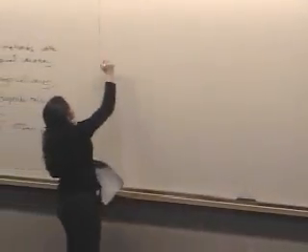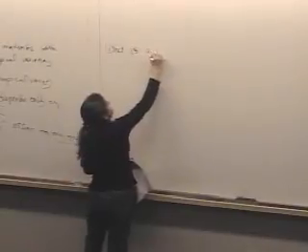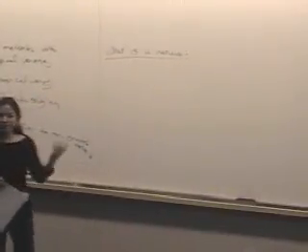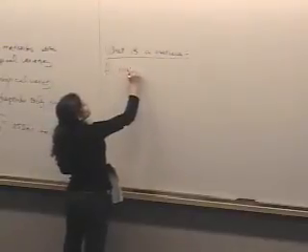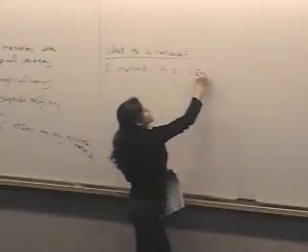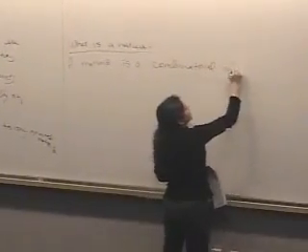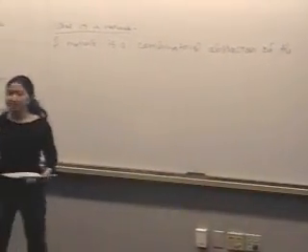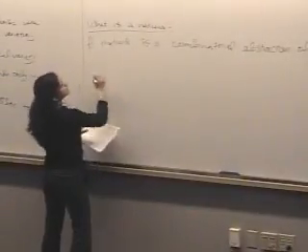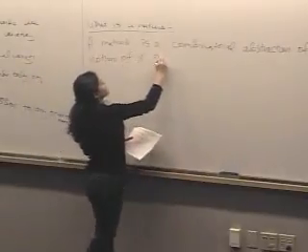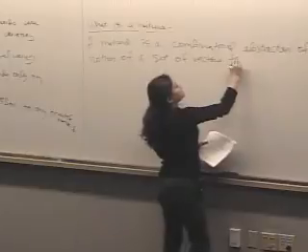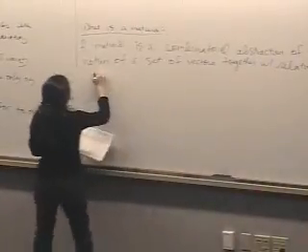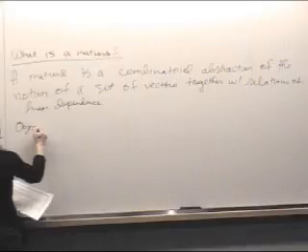Okay, so roughly speaking, a matroid is just a combinatorial abstraction of the notion of a set of vectors together with their relations of, say, linear dependence.